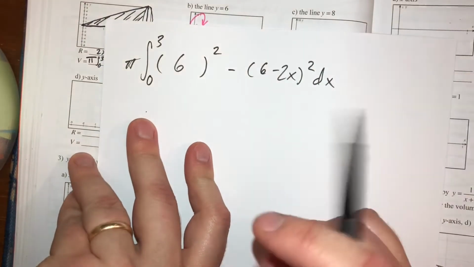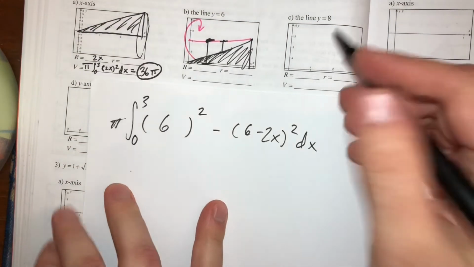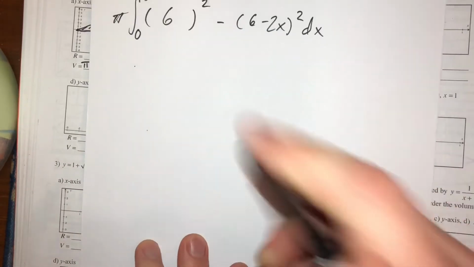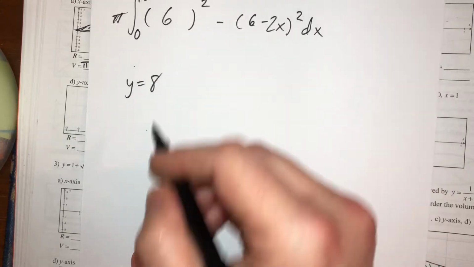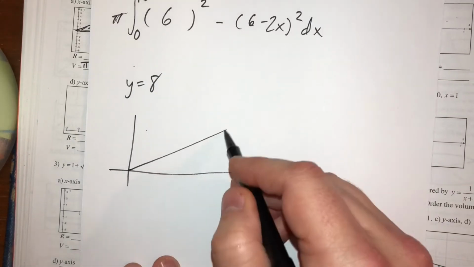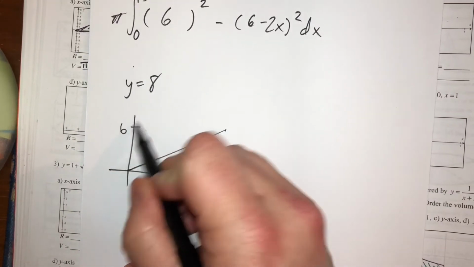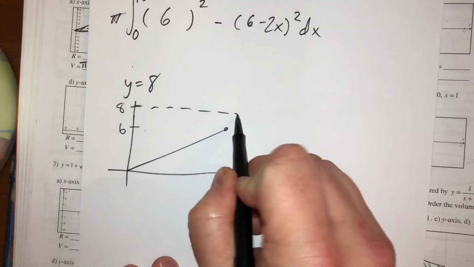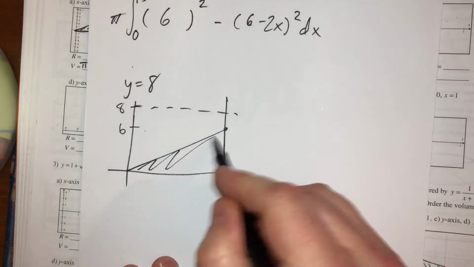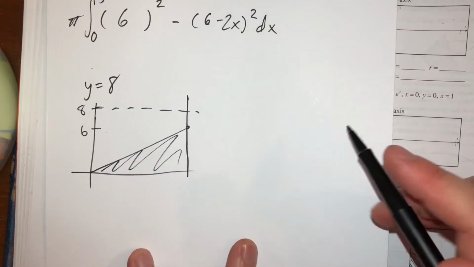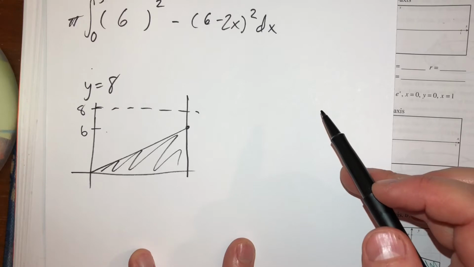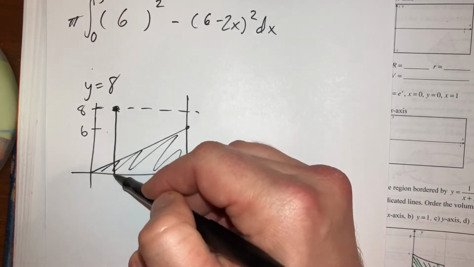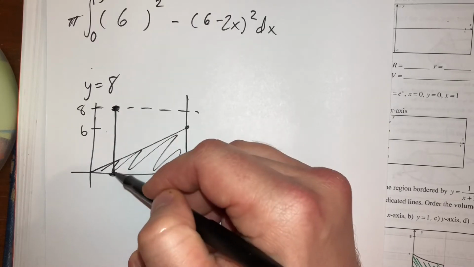So for C, now if we spin it around the line y equals 8, well, it's still this. This is 6 right here, right? Here's 8. So now we're spinning around y equals 8. Works the same way though. So what's the radius? Well, one of our radii goes from 8 down to the x-axis.